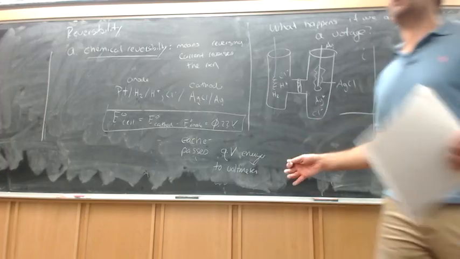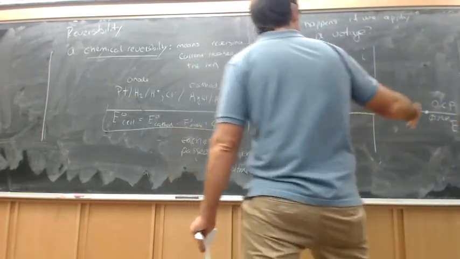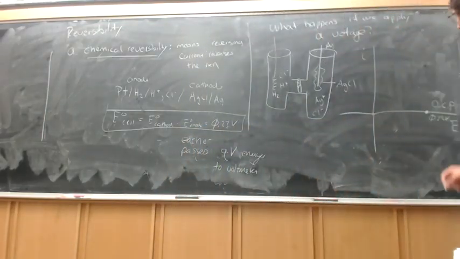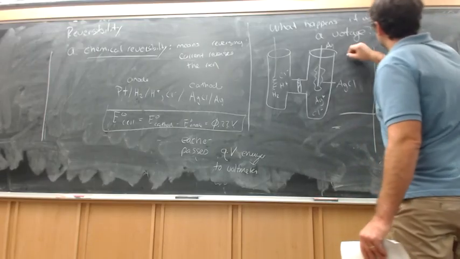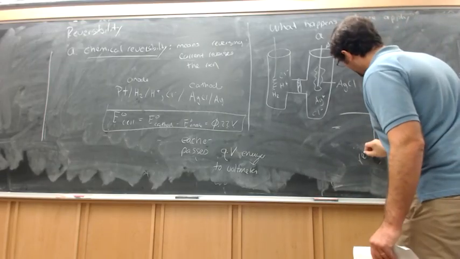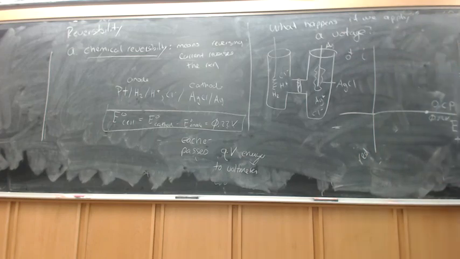What would be the response of the system if I change the applied voltage? Let's put negative over here and positive over here, so we're going to do IUPAC, and this is oxidation, and this is reduction. I like IUPAC better than Texas convention. So what happens, do you think, if I apply a more positive potential?